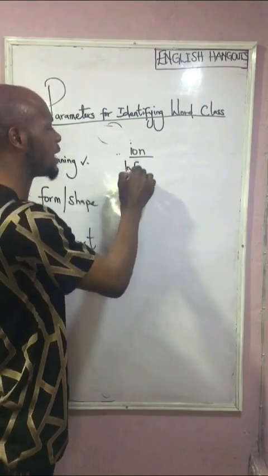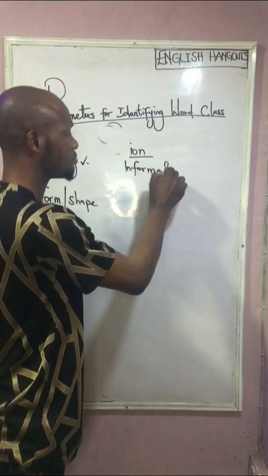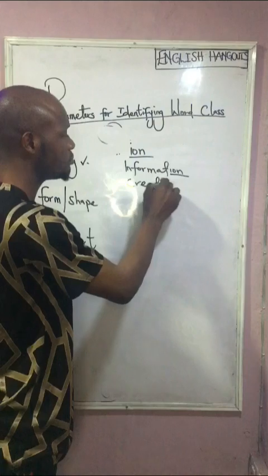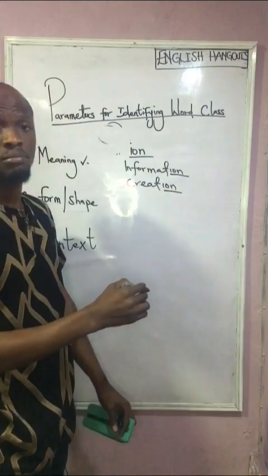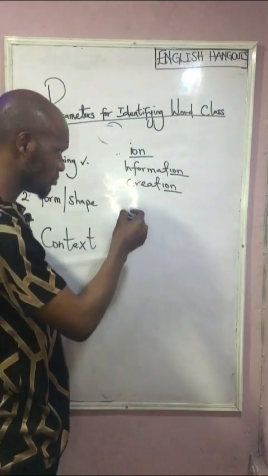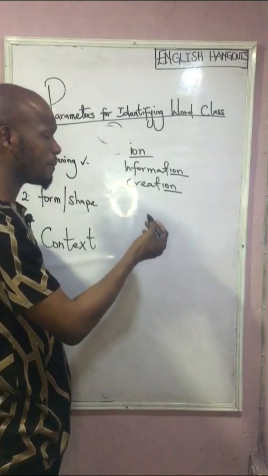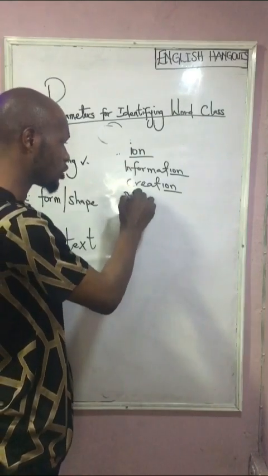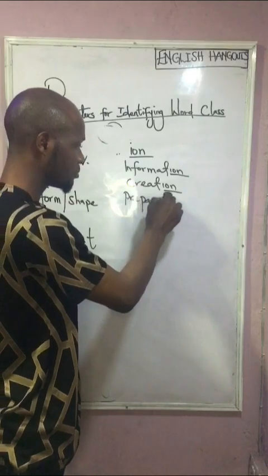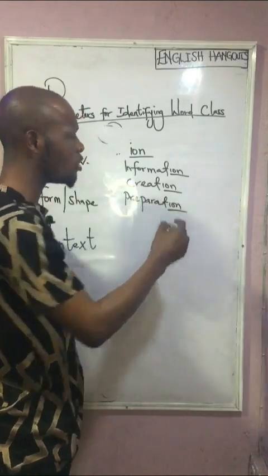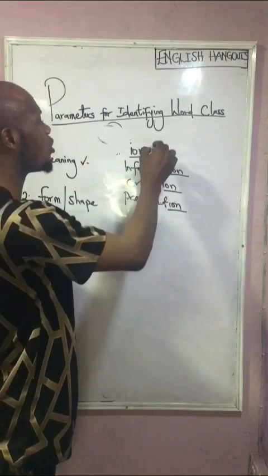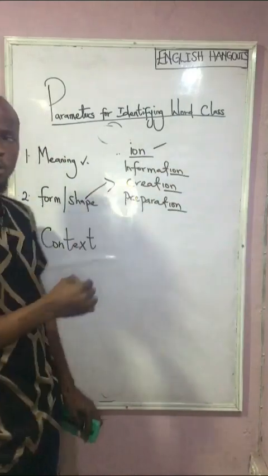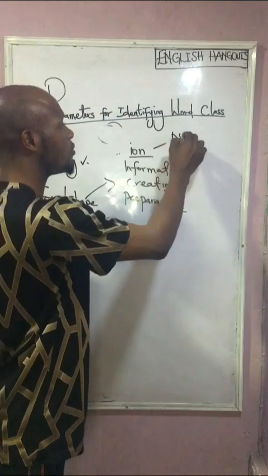We have words like information, creation, preparation, among other examples. So if you come across a word with ion, many nouns end with what? Ion. That is on the part of noun.